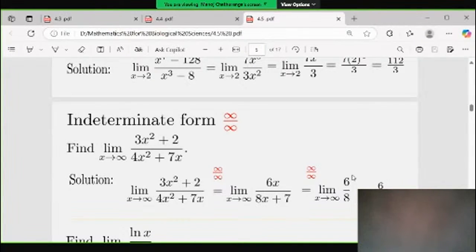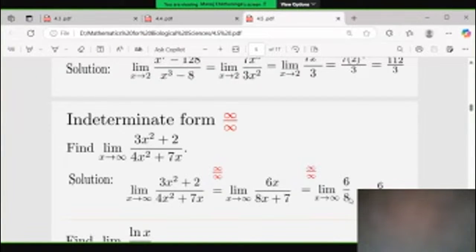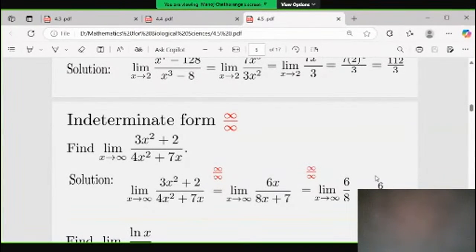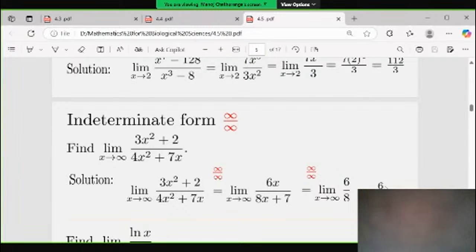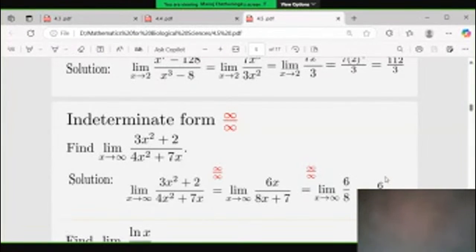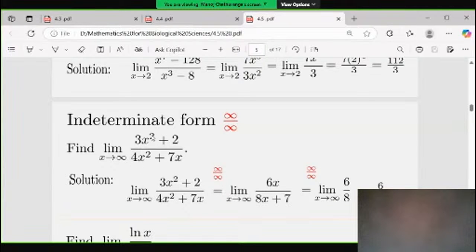It is not a function that depends on x anymore. So as x goes to infinity, the limit value of this number is still 6 divided by 8. So what does it say? The limit of this function is 6 divided by 8 at infinity. By the way, 6 divided by 8 is the same as 3 divided by 4. It is the ratio of these leading coefficients.